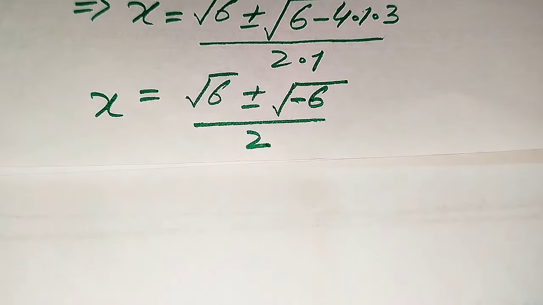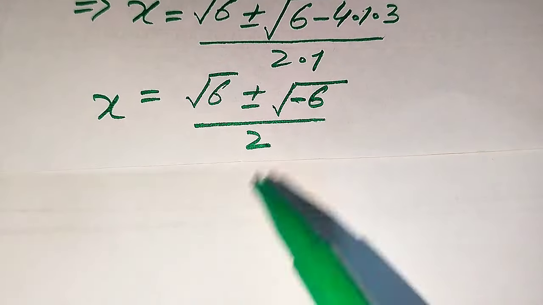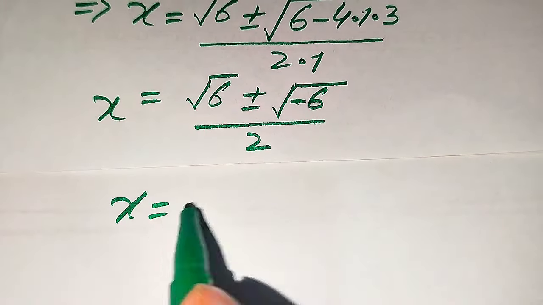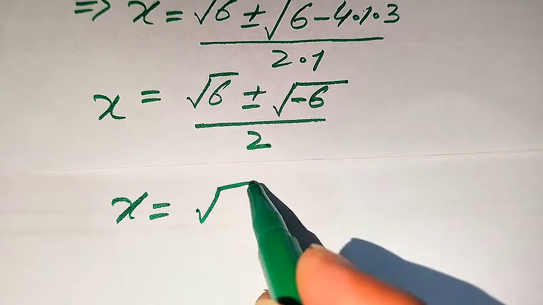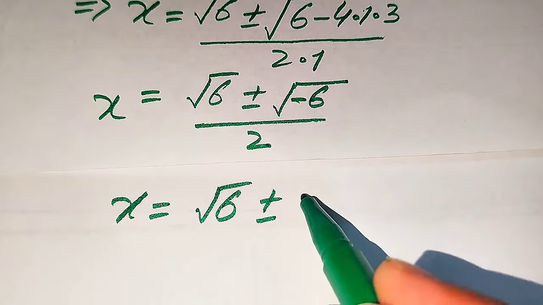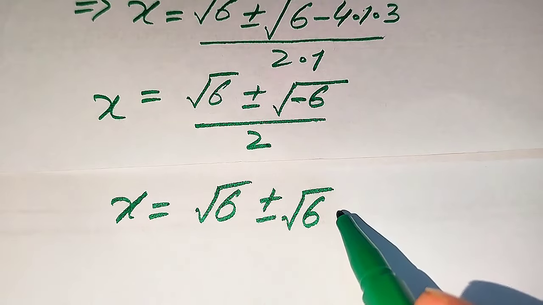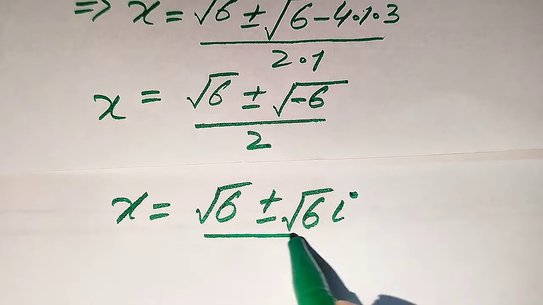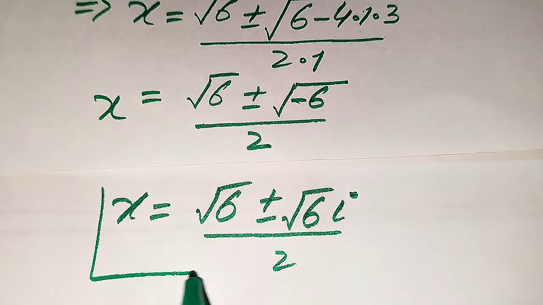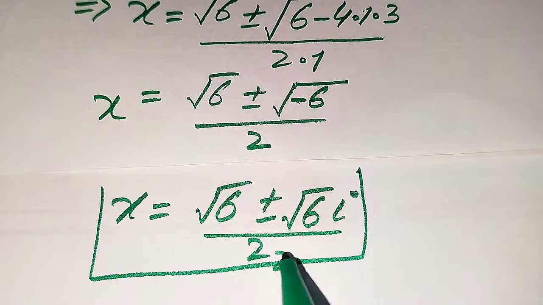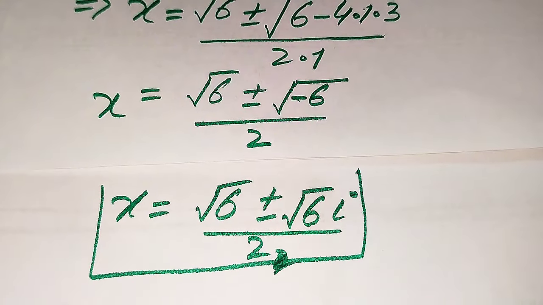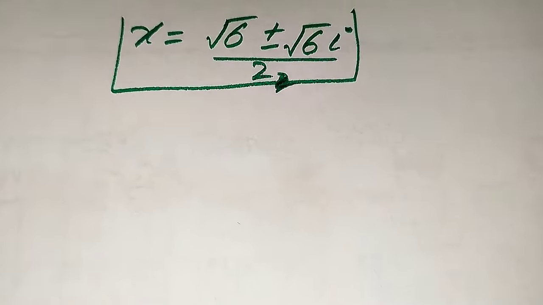You know that when a negative sign appears inside the square root sign, it becomes iota. So this will be written as square root of 6 plus minus square root of 6 into the square root of minus 1, which becomes iota, divided by 2. So this is the value of x which we get from equation number 1.